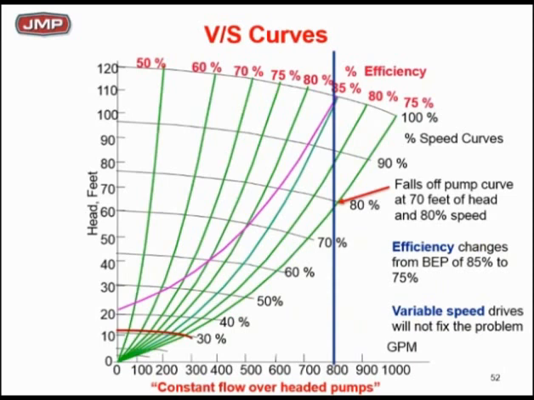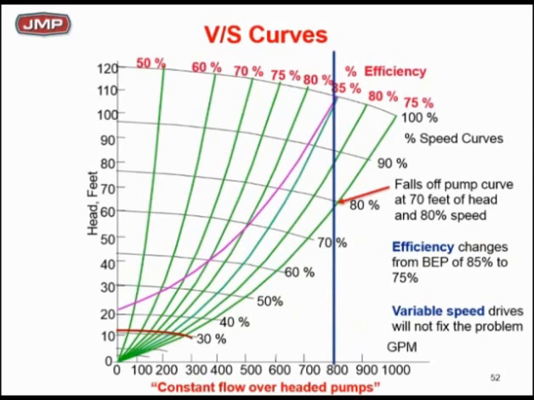In other words, let's look at full flow in this application, in a variable flow system where you need 100% flow, which the load profile says is maybe 1% of the time, but I need 800 GPM. Let's just say I've got to have 800 GPM one way or the other, part of the time or all the time. What happens if you've overheaded the pump? This is critical. We're seeing major engineering firms make this mistake.